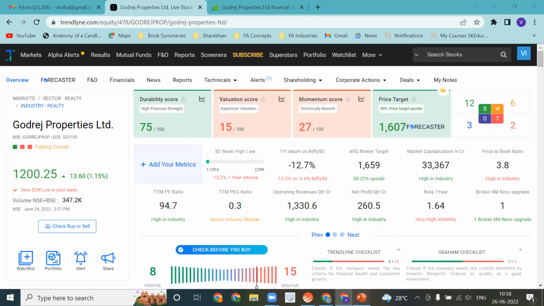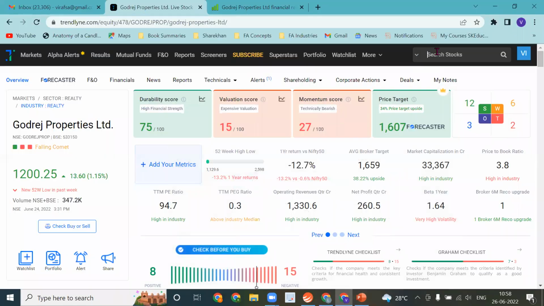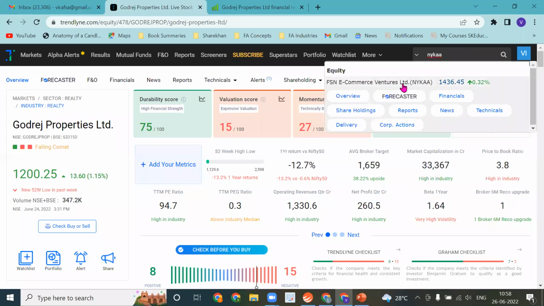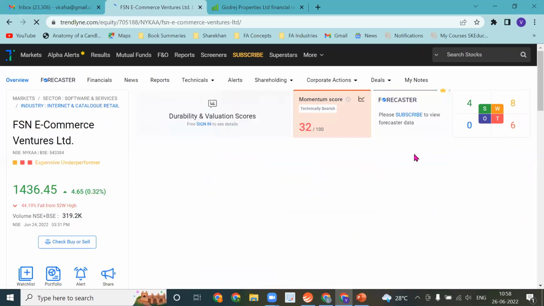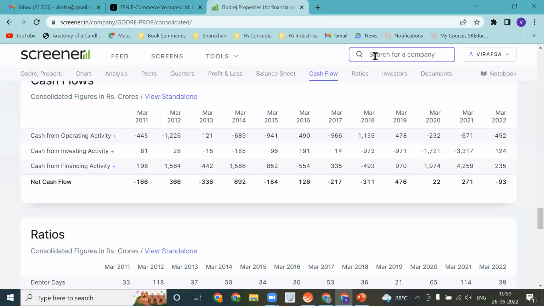Any other stock you want me to look at? Tata Steel we saw. Zomato, let us see Nykaa. I have not seen Nykaa for a long time. I was reading on Nykaa. That is what I want to see. Fundamentals are relatively okay. Let me see here.